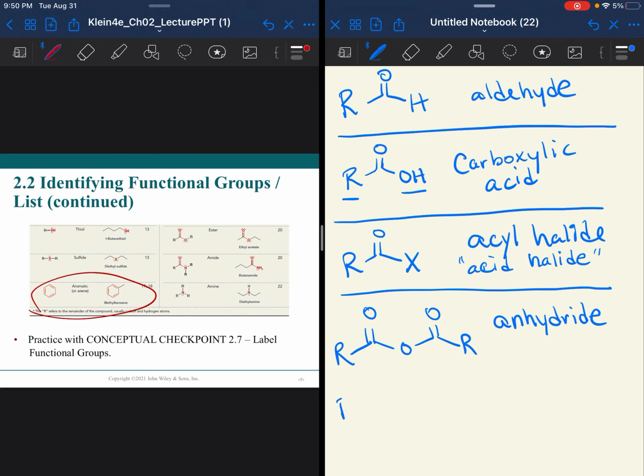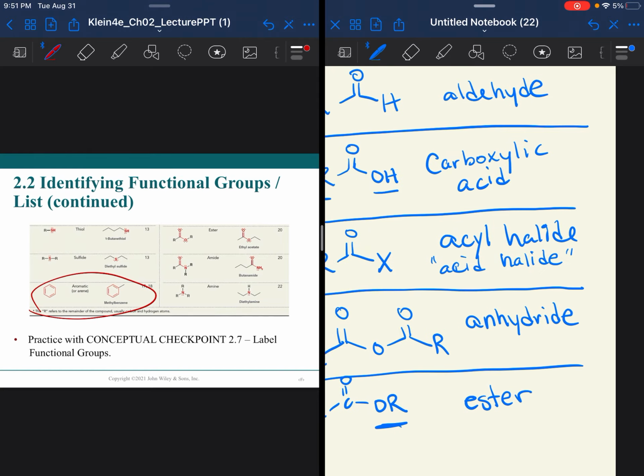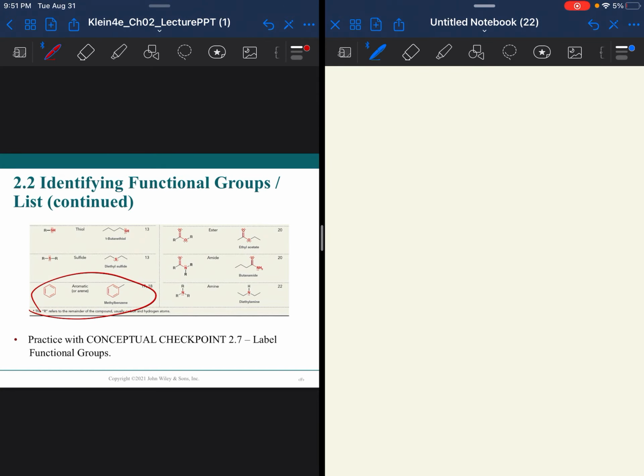If we replace the hydrogen in the carboxylic acid with an R group, we get an ester. All right, so it's kind of like halfway between an ether and an anhydride. It's an ester. If we replace that with a nitrogen, and I'm going to just put 2 lines here, this is an amide or amide.